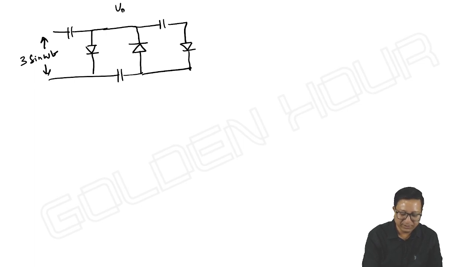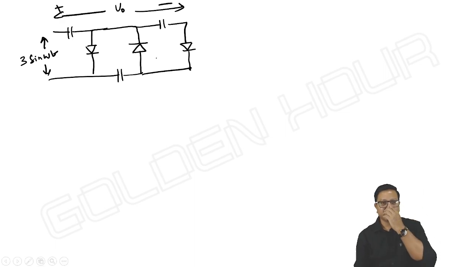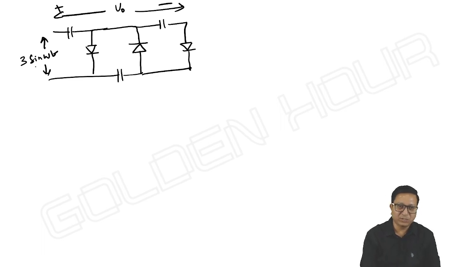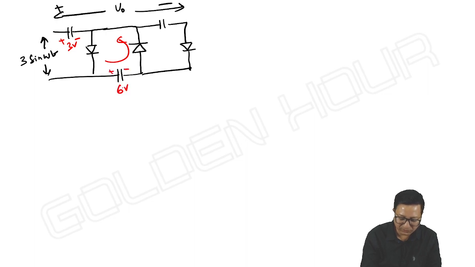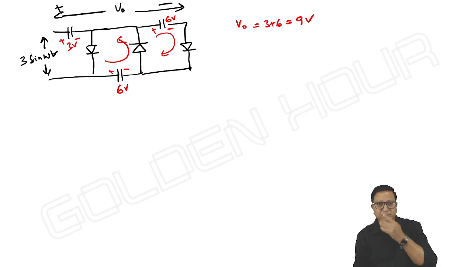So find the output of the circuit. What is the answer? 3 times the peak amplitude, that is 9 volts. Generally, we can simply take the voltage polarities like this, plus minus, it is 3 volts, and here plus minus 6 volts, and here these polarities and 6 volts. So overall output is equal to 3 plus 6, anyway 9 volts.